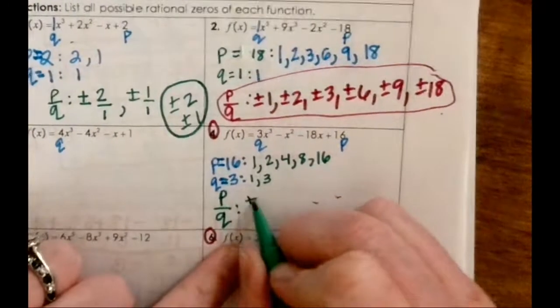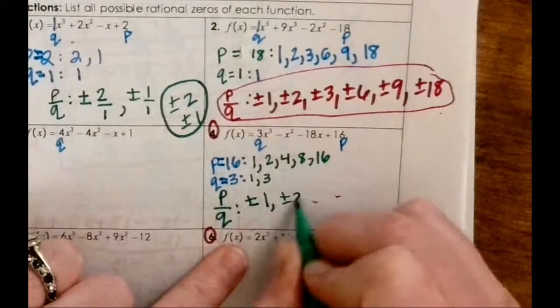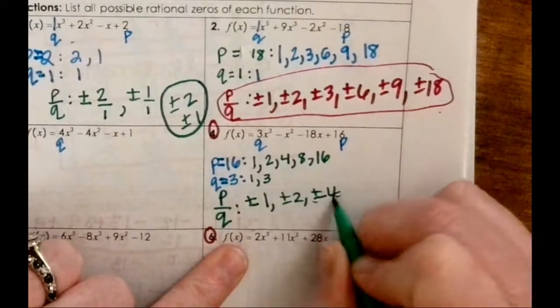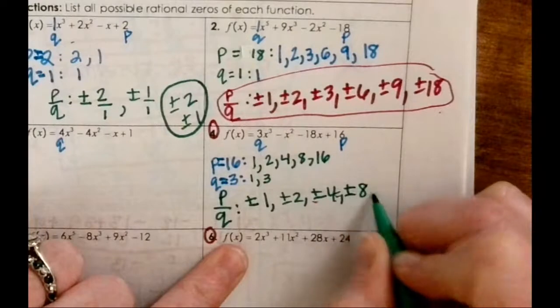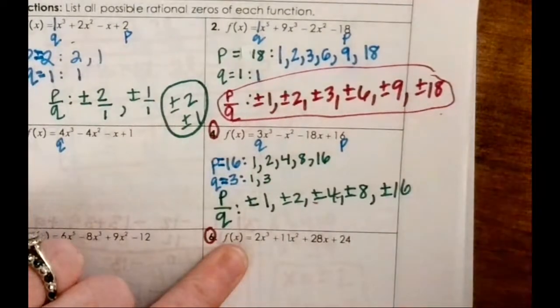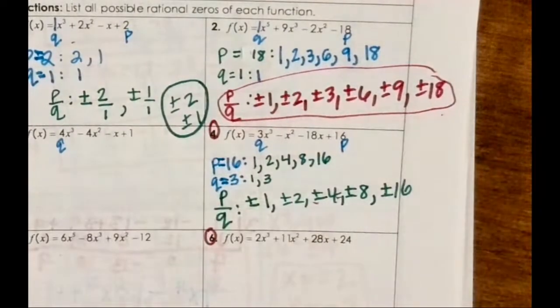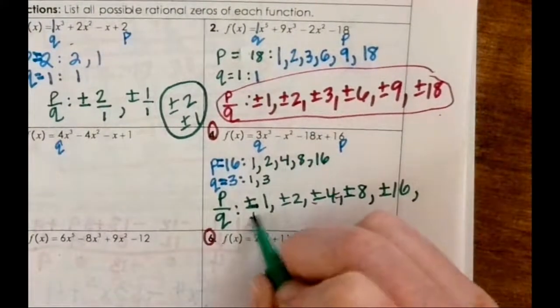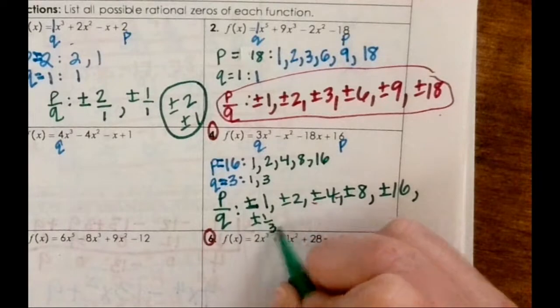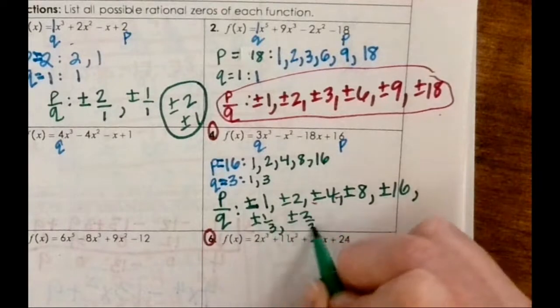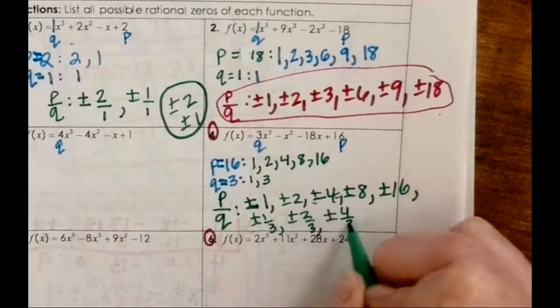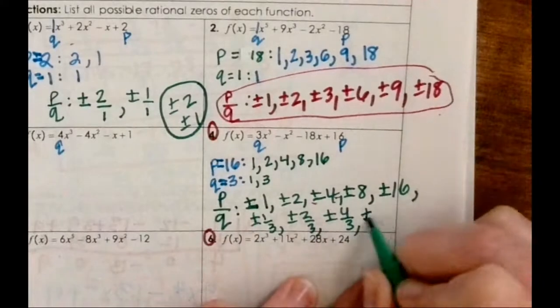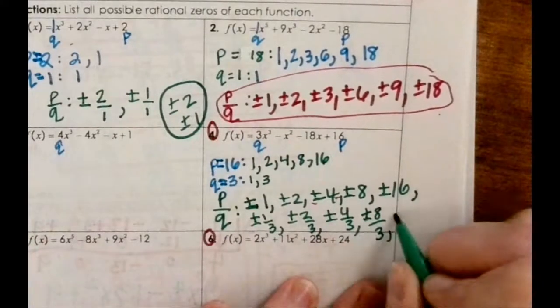So that makes plus minus 1, plus minus 2, plus minus 4. Those are all over 1. Okay, so it's just that. But then when I put them over 3, I'll have fractions, okay? So plus minus 1/3, plus minus 2/3, plus minus 4/3, plus minus 8/3, and plus minus 16/3.